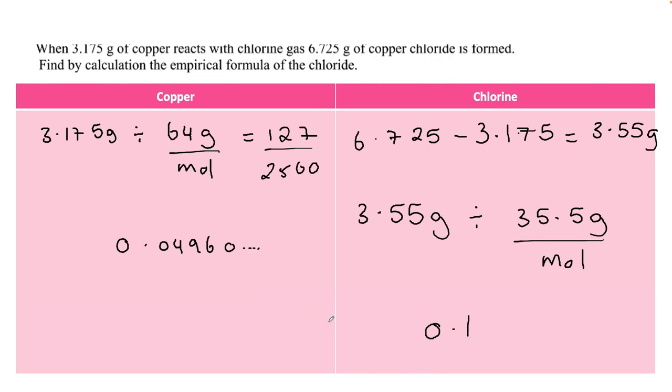So what I'm comparing here in terms of the ratios, if I round this, I'm going to have 0.05 is to 0.1. Divide both sides by 0.05, it turns this into 1 and it turns this into 2. So my empirical formula here for copper chloride is going to be Cu, one of those, and then Cl, two of those. And that's it.